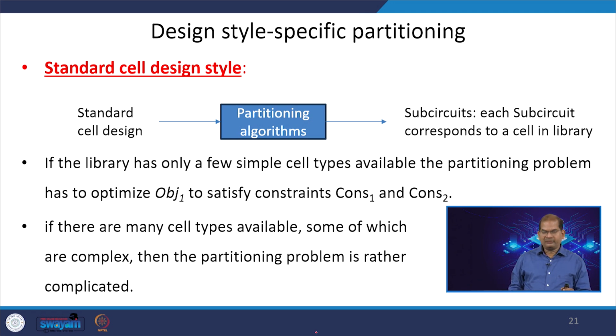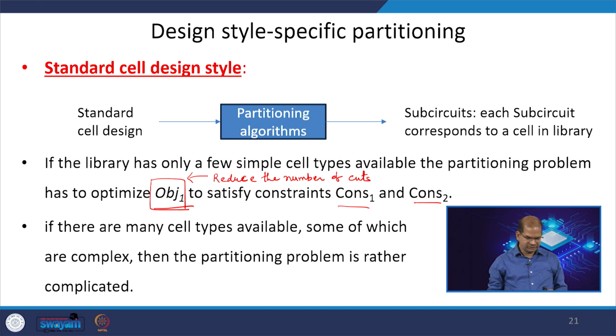If the library contains very simple cells, then the partitioning algorithm has to optimize objective 1, constraint 1 and constraint 2. Objective 1 is to reduce the number of cuts between the partitions. Constraint 1 is that it should be within the terminal counts, so it is related to the number of terminals.